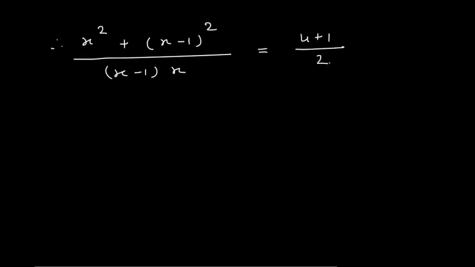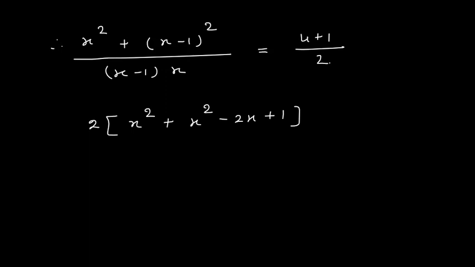So here we open this bracket and multiply this 2 on the left hand side. So here it is 2 into x square plus x minus 1 the whole square, which is x square minus 2x plus 1, divided by, if you open the bracket, x square minus x, and on this side we have 4 plus 1, 5. Okay, that's it.